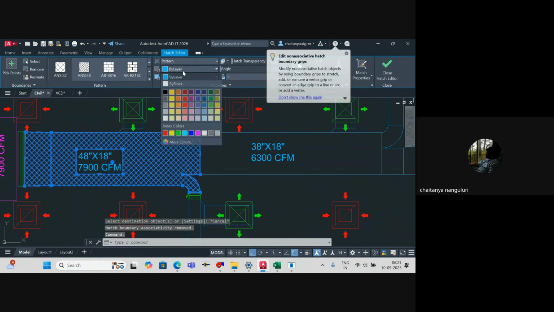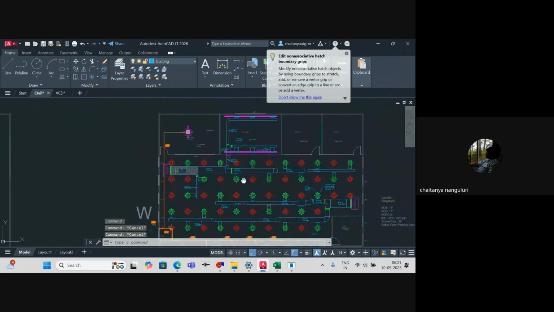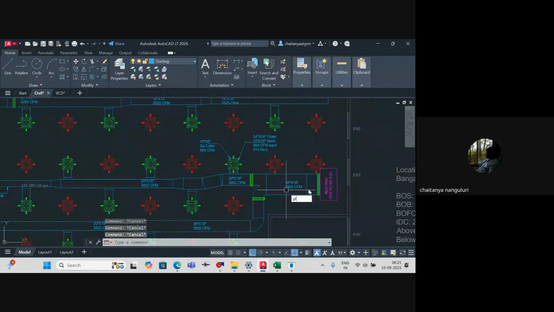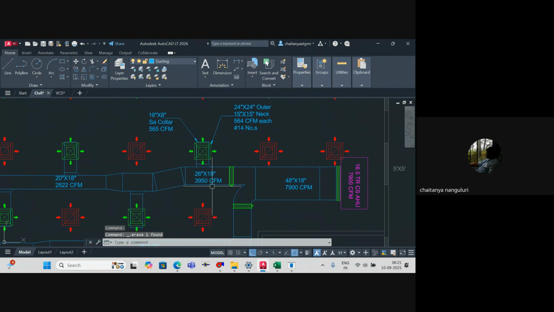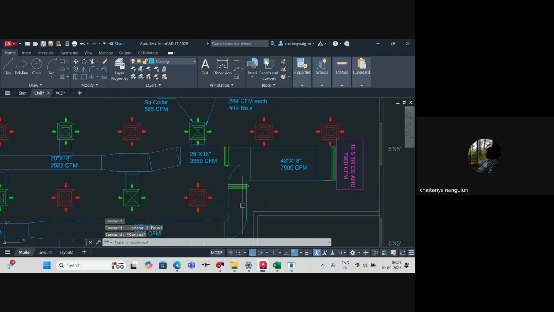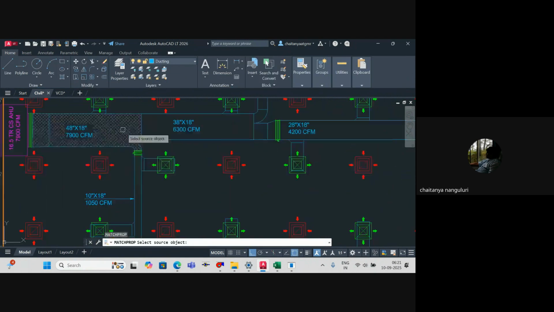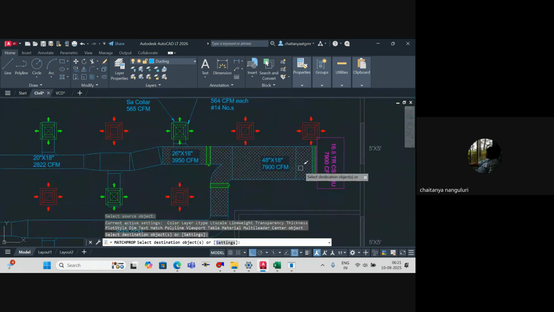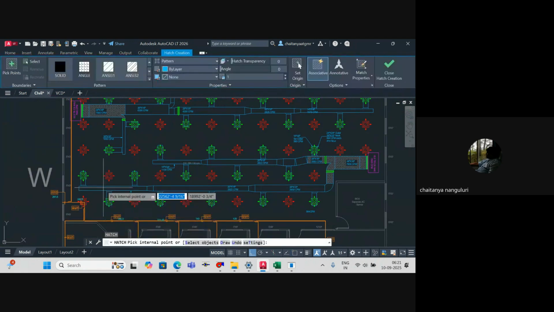We'll change the color from this one to gray or something. Similarly, here also 15 feet I have to go for this one. So it will come roughly till over here and till this point. So I'll just hatch it till over here. I'll consider this as acoustic insulation. Remaining everything I can make as thermal insulation.